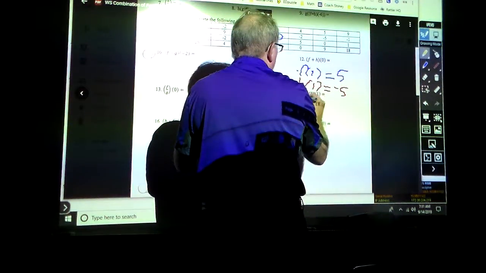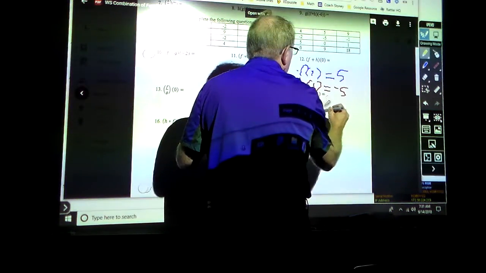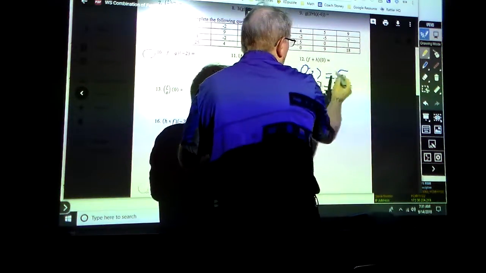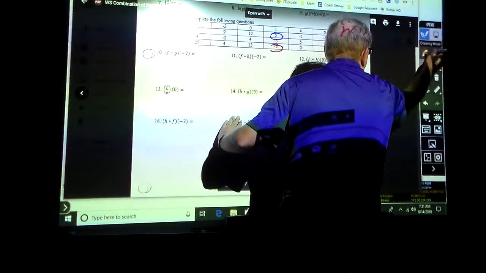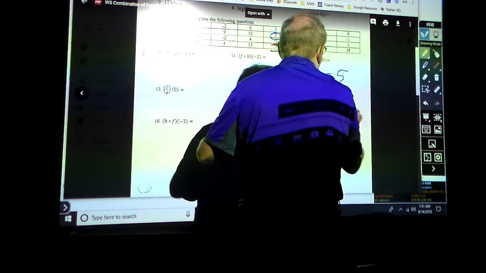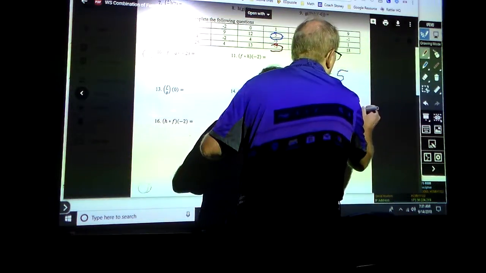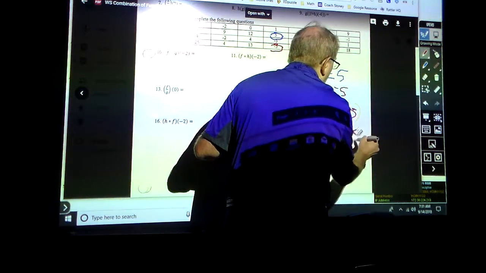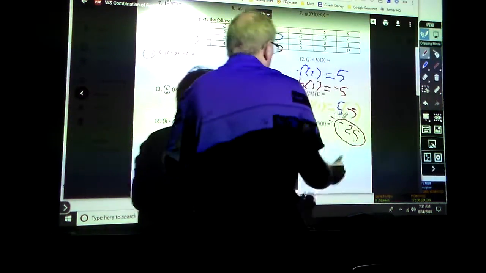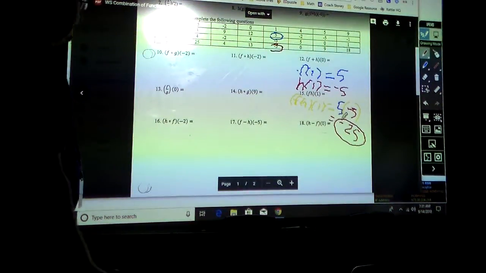It simply means I'm going to take that 5 times that negative 5. Well, 5 times negative 5 is negative 25. That would be the answer right there to number 15.